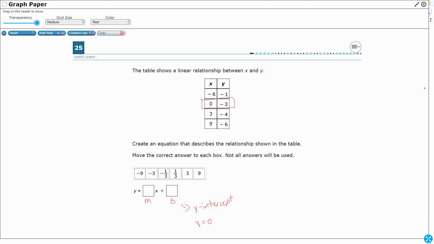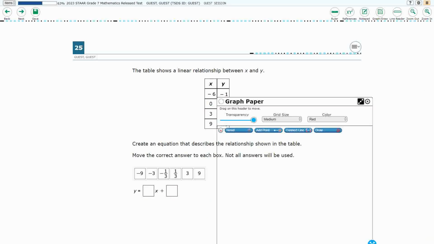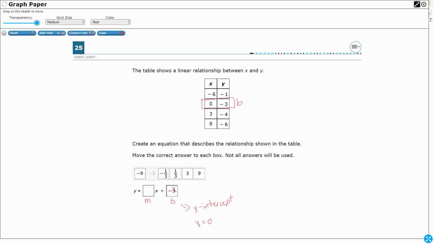They've already given you an x equals 0. So they've done the work for you. So if x is 0, y is -3. This is our b, or our y-intercept. Now, plus -3, that's going to end up being a -3. So we're going to take this -3 and move it right there. That was easy.